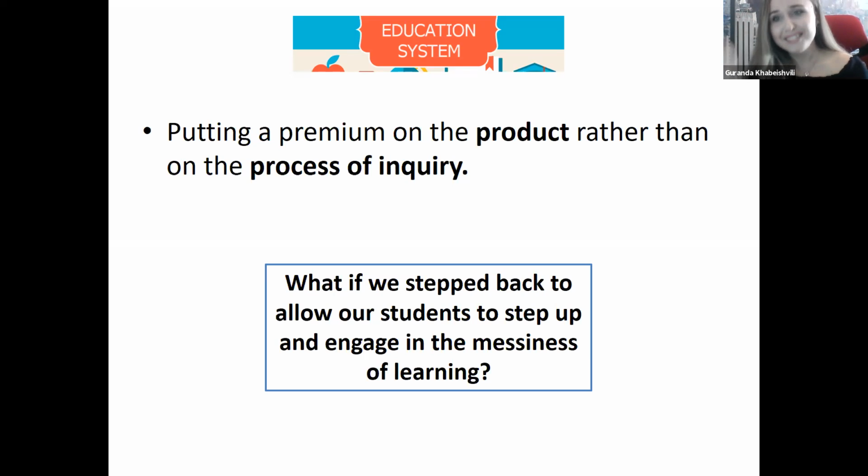Many of them still sit in rows and raise their hands to let their voices be heard. We all have to think that we must redesign our teaching practice because the brains of the students that we have nowadays in our classes may be developing in a different way than the brains of students that we had years ago. So what if we stepped back to allow our students to step up and engage in the messiness of learning?